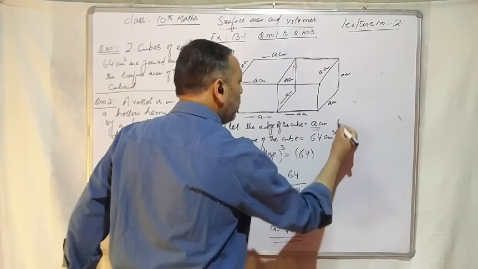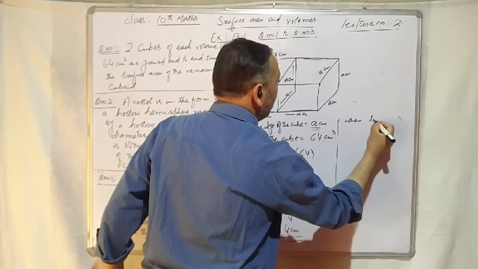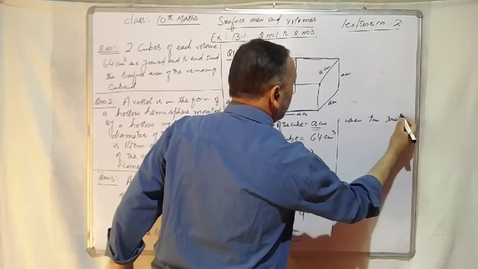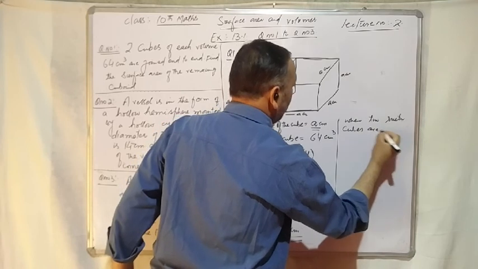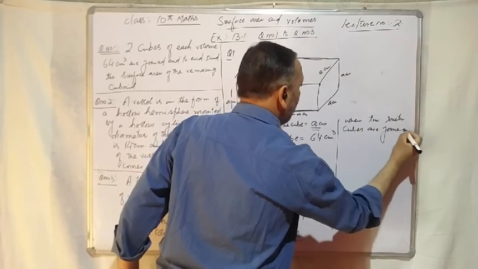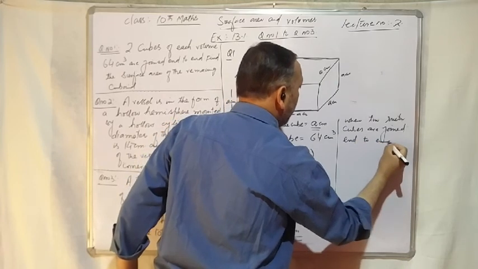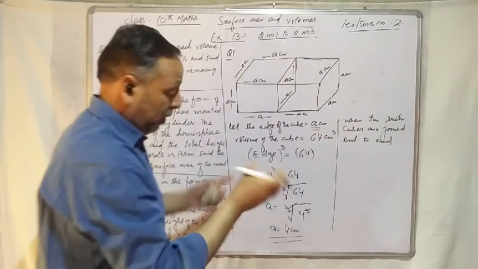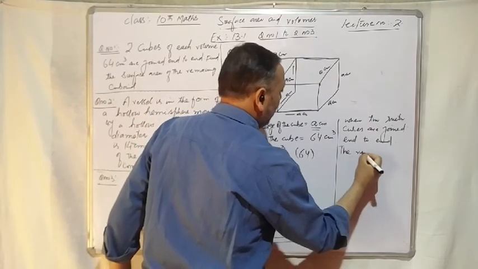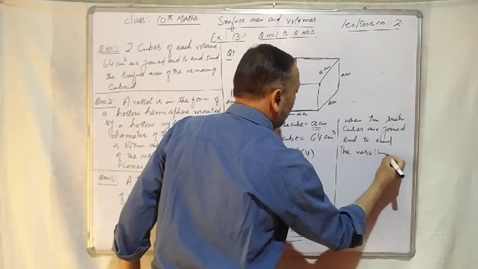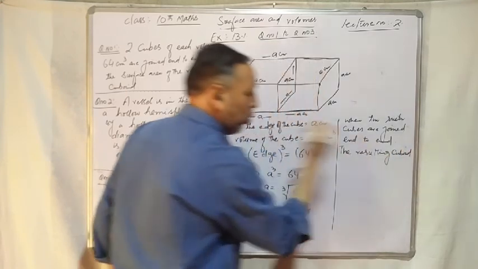Now, when two such cubes are joined end to end, the resulting cuboid is formed.